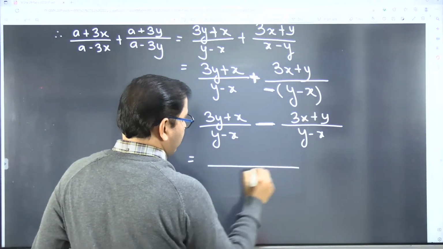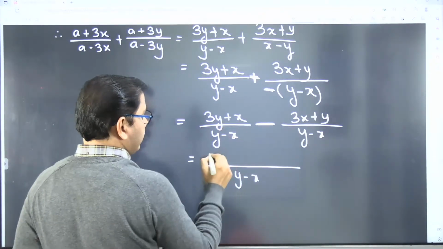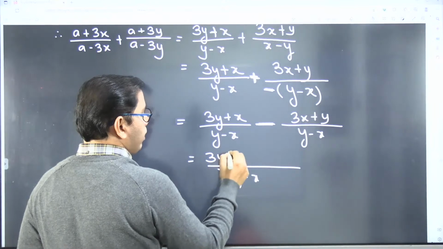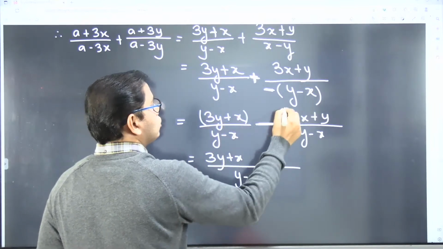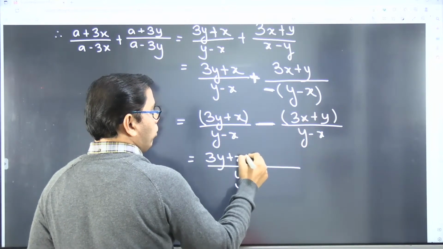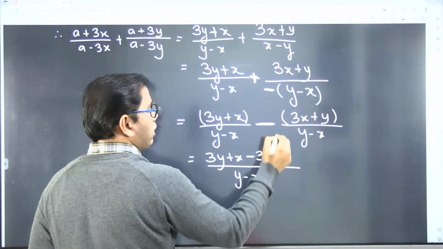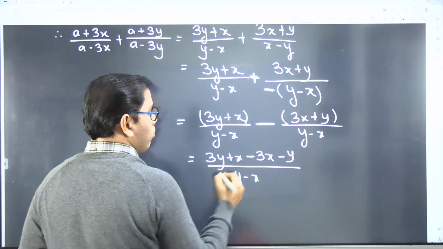So y minus x is common, and add this, subtract this: 3y plus x, two terms, so you put them in a bracket. Opening the bracket with a minus sign, plus 3x becomes minus 3x, and plus y becomes minus y.